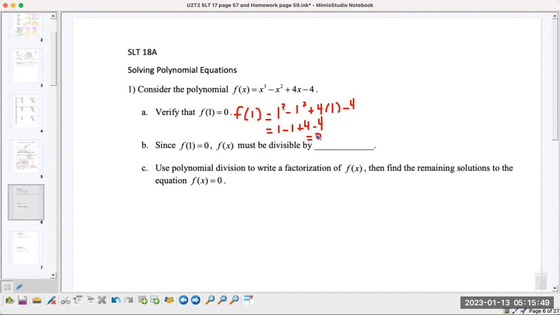Okay. Since f of 1 equals 0, f of x must be divisible by x minus 1.